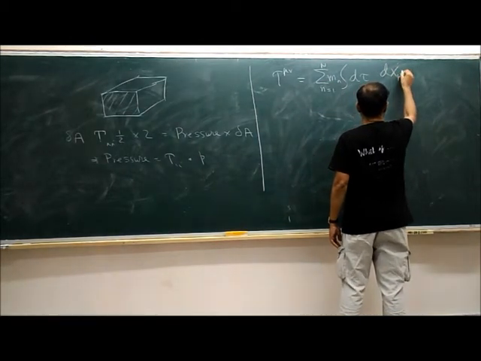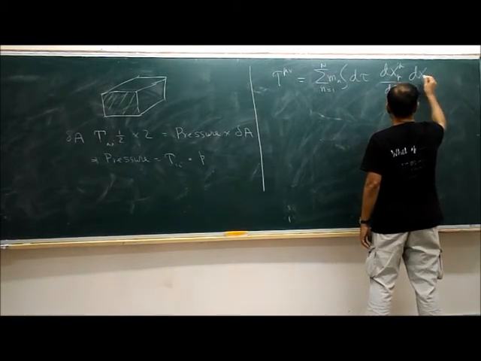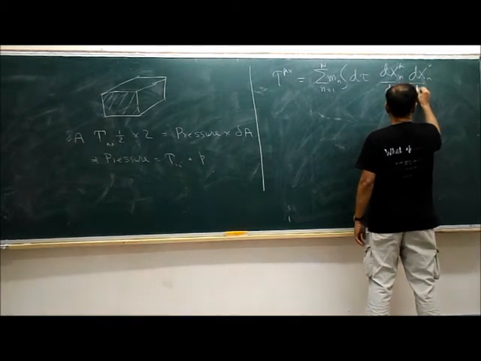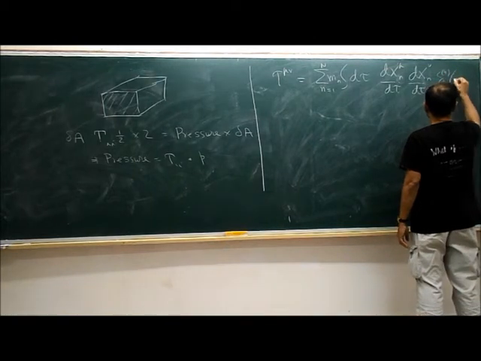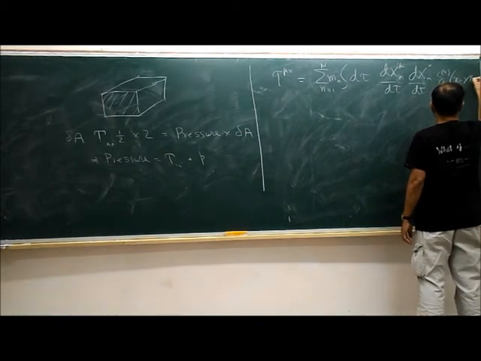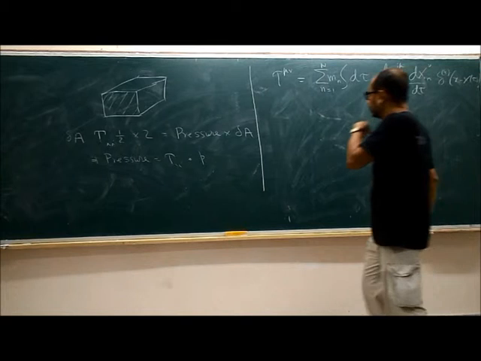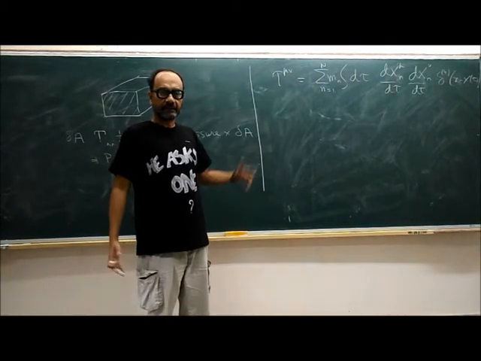dxn mu d tau dxn, that's the square root of determinant G factor, etc., which is not there. But we of course want to take the average on the right hand side.